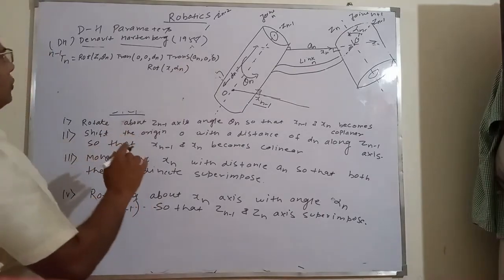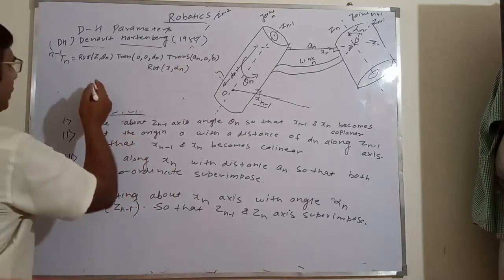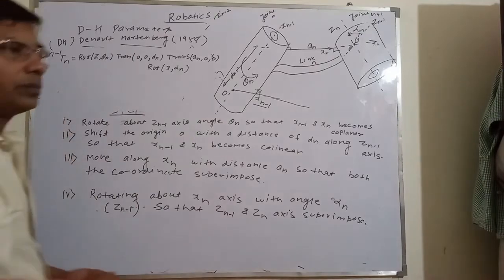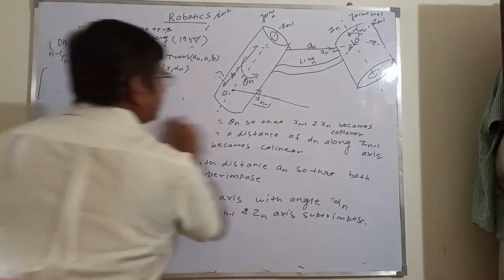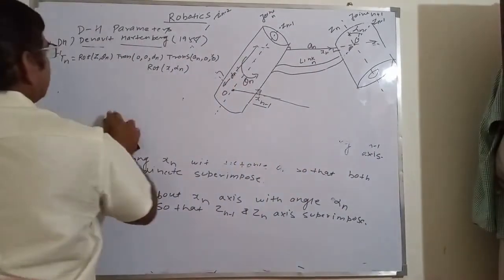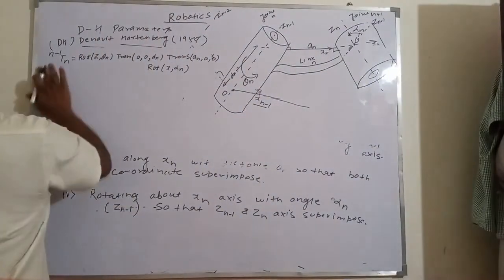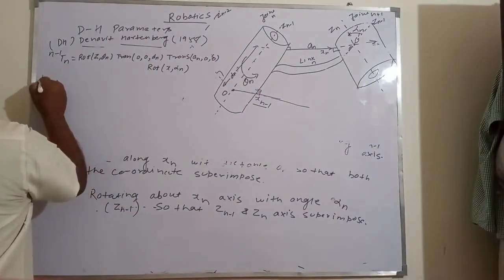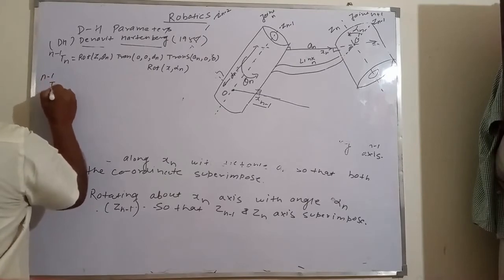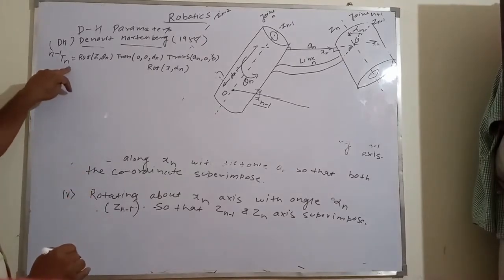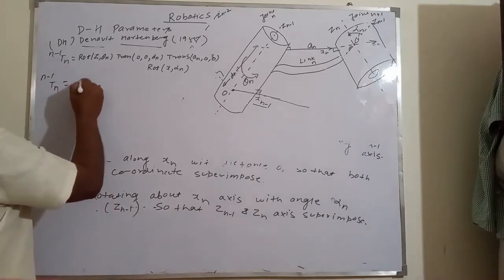So we can write the transformation n minus 1 Tn, because we are transforming from n minus 1 to n.